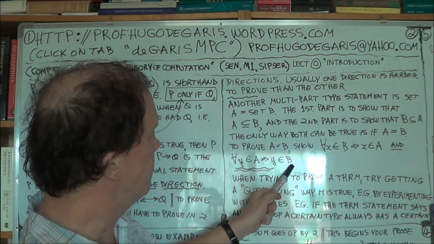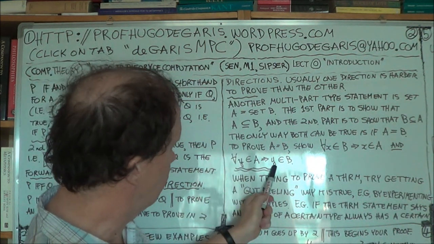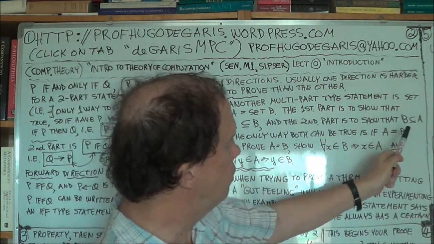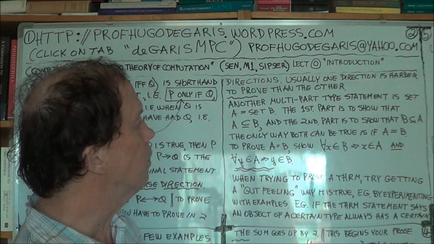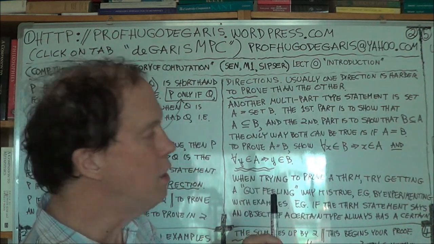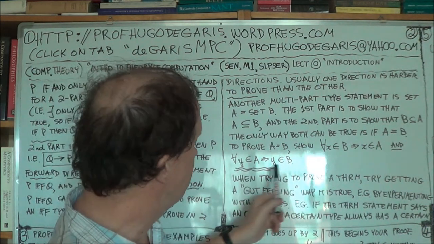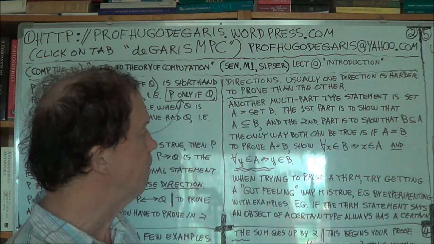Therefore A is a subset of B. So to prove that, you have to prove this. And to prove that, you have to prove this. Okay? So in other words, to prove two sets A and B are equal, that boils down to proving this and this. Follow that logic?